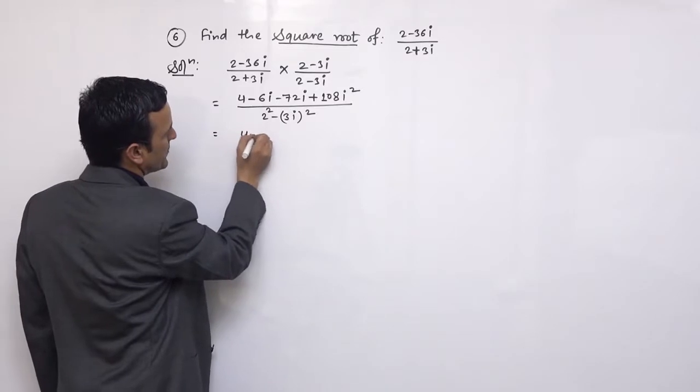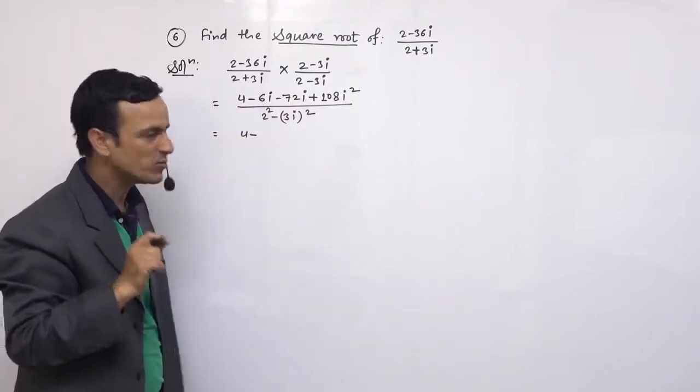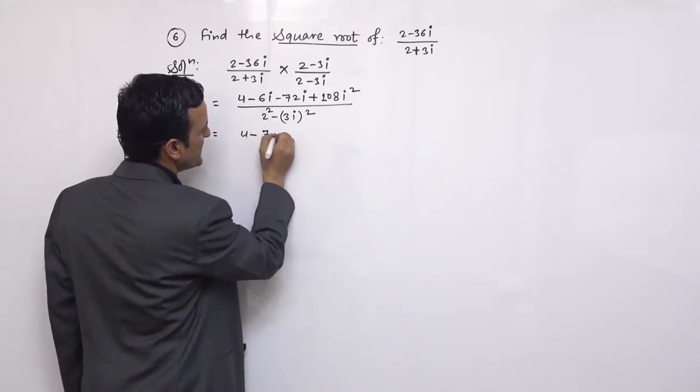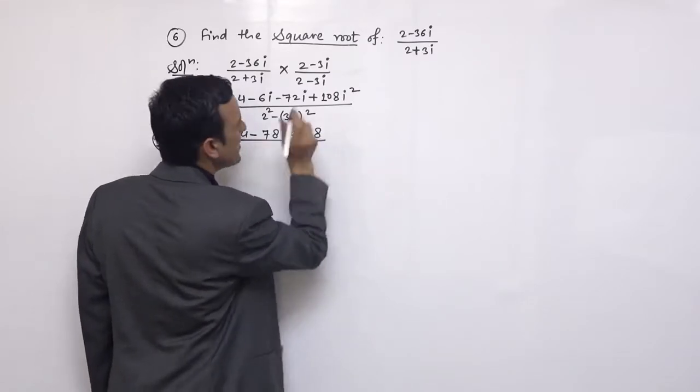Now if we solve it then 4 minus 6i minus 72i, this and this like terms we can add together, 78i minus 108 i square.